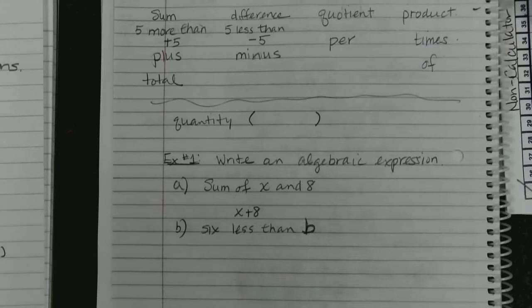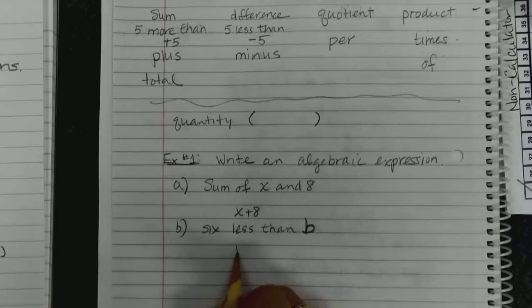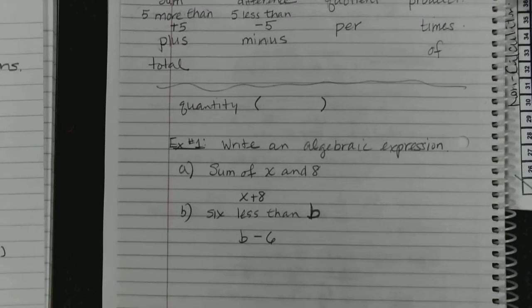I'm gonna call Haley. What is it? B minus 6. Everybody agree? Anybody have 6 minus B? You should not. Because remember, we just talked about the word less than. Whatever comes first, that goes behind the B.